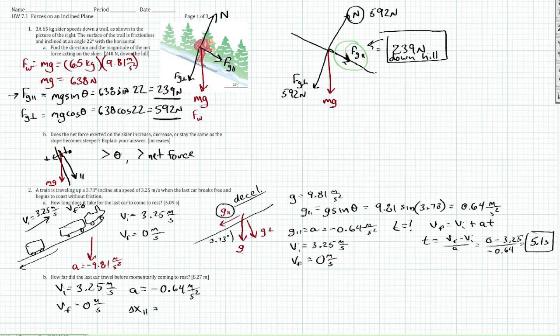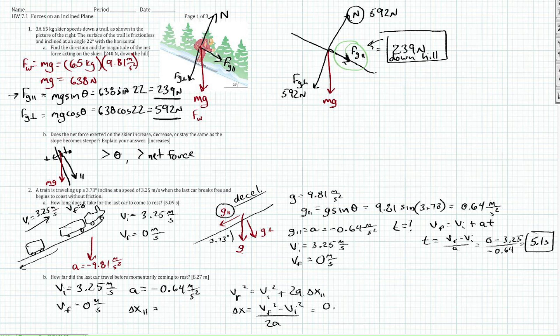Well, we can solve this. We have an equation, v final squared equals v initial squared plus 2a times delta x, we'll say parallel to the tracks. Well, if we want to solve for delta x, that would be vf squared minus vi squared over 2a.